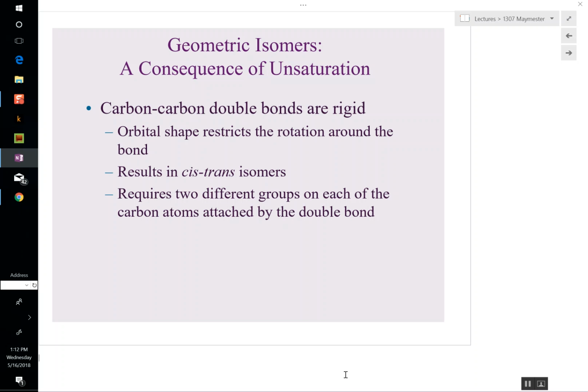No trans fats in our food. No fatty acids that have trans double bonds in them. Because why? This is the kind of the geometry of fatty acids that are made in nature. Naturally occurring unsaturated fatty acids are cis.